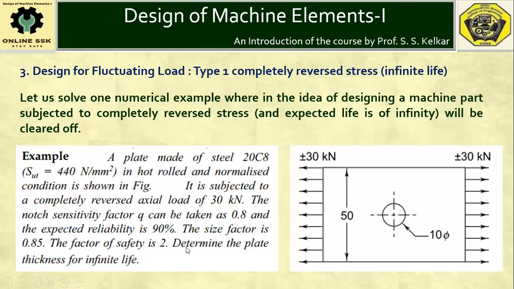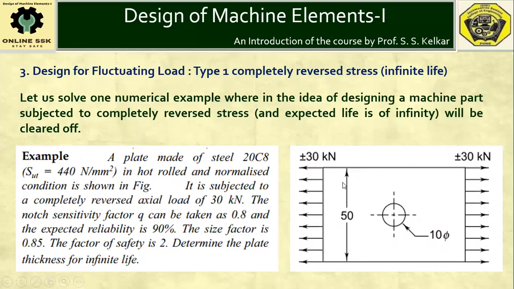The notch sensitivity factor q is 0.8 and expected reliability is 90%. The size factor is 0.85. The factor of safety is 2 and we need to decide the thickness of the plate.